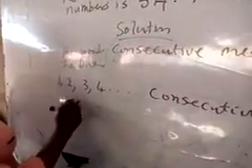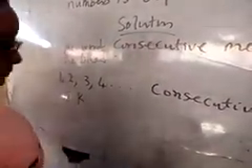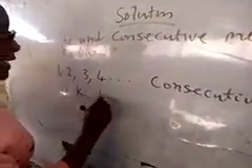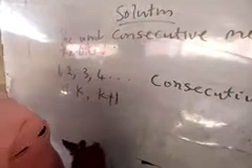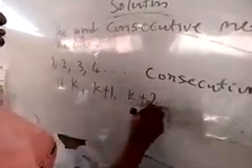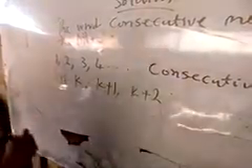Now let's see how we derive this number. If we say that k is a natural number, to get the next one will be what? K plus what? 1. Now to get the next one also will be what? K plus 2.